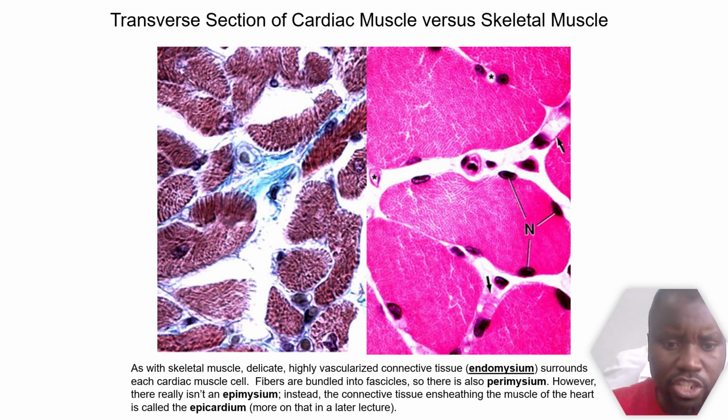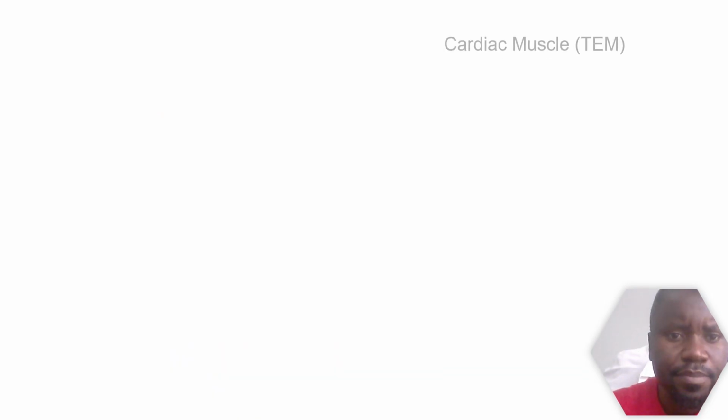In cardiac tissue, the perimysium is also there. Then several fascicles are bundled into a muscle organ by epimysium. For the cardiac muscle, the epimysium is also referred to as the epicardium. Cardia relates to the heart.